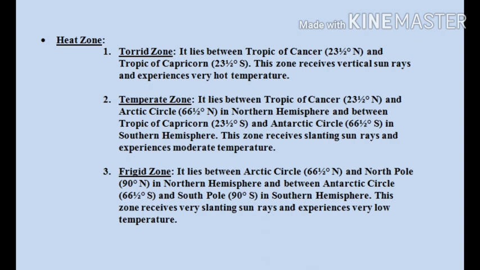And temperate zone receives slanting sun rays, that's why the temperature of temperate zone is moderate. And the frigid zone is receiving very slanting sun rays, that's why it is very cold.